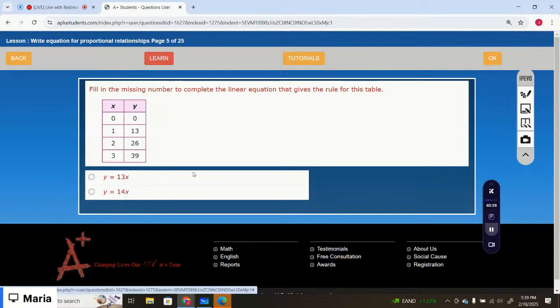That is y equals 13x. Okay, you can complete the lesson by yourself later today.